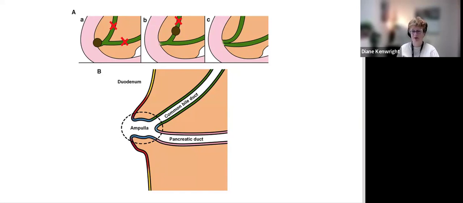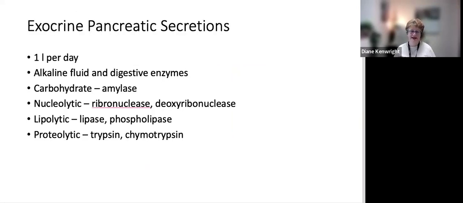All right, let's think a bit more about the exocrine pancreas. What does it produce? Well, it produces a whole liter of stuff a day, alkaline fluid to sort out that residual acidity from the stomach, and digestive enzymes. Amylase, which digests carbohydrate. You remember where else produces amylase? Yes, it's salivary amylase.